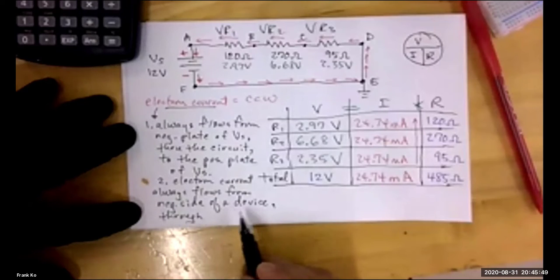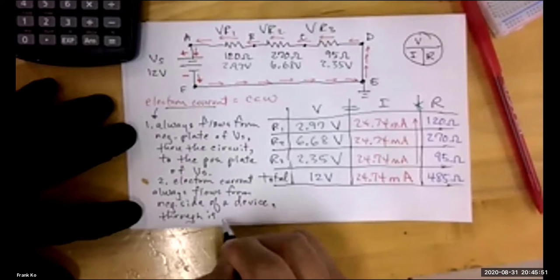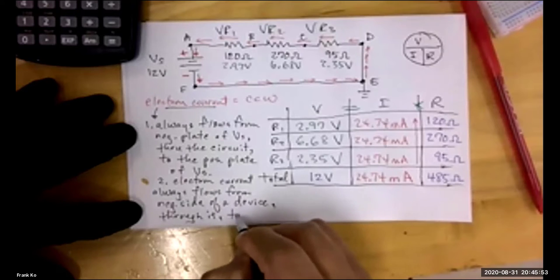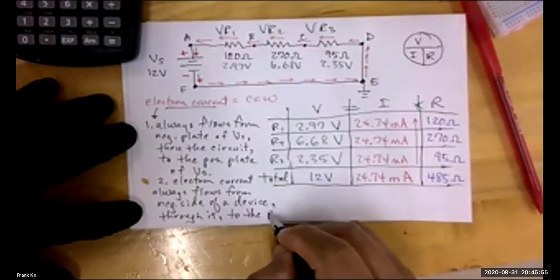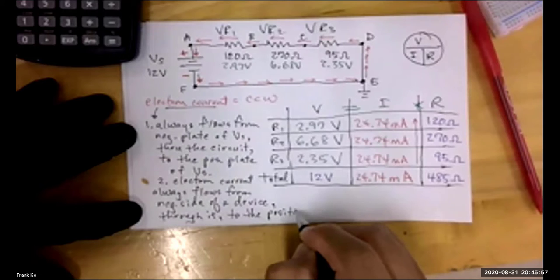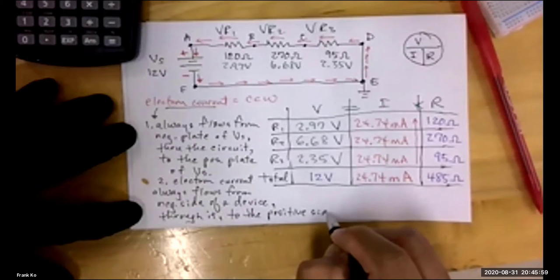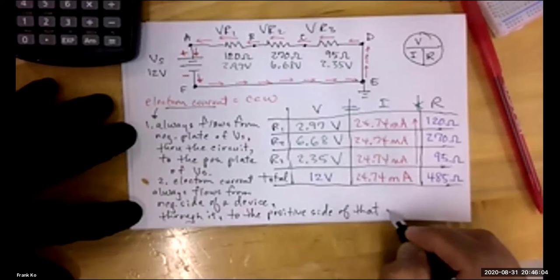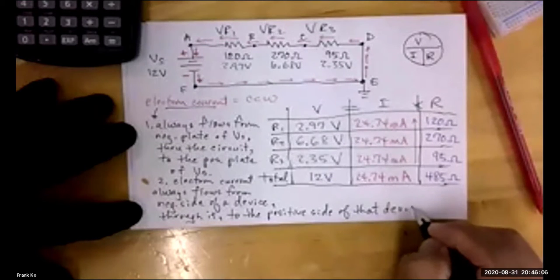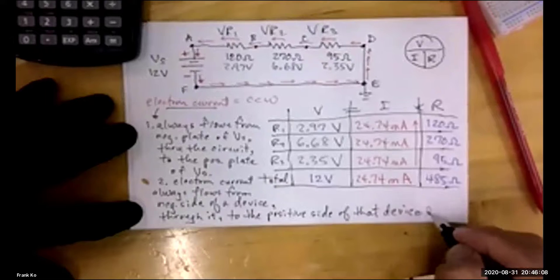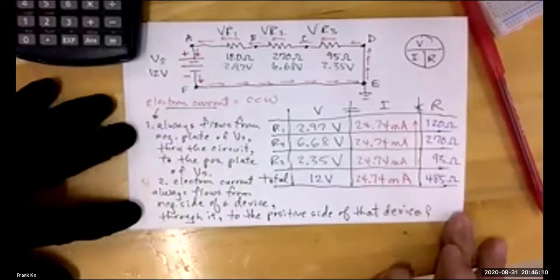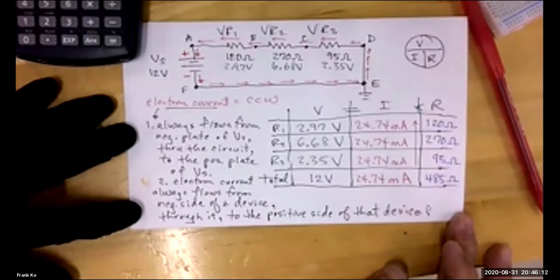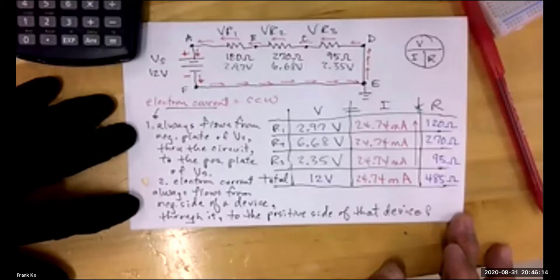Negative side of a device through it, comma, to the positive side of that device. Very important observation, very important point to make note of in your journals.